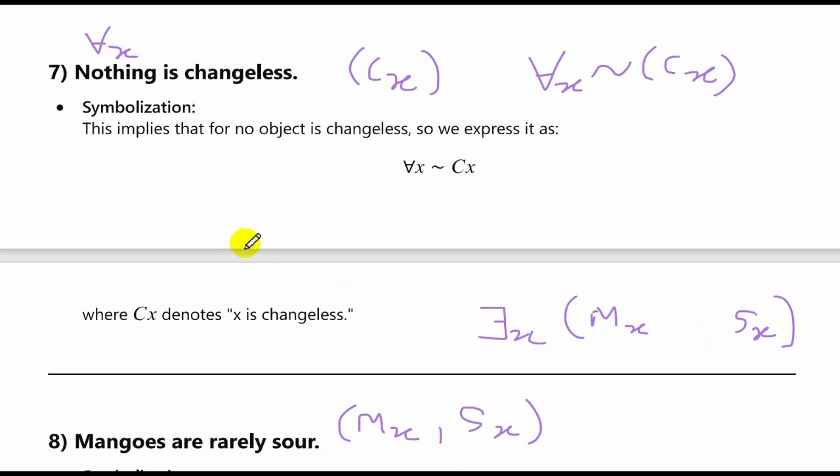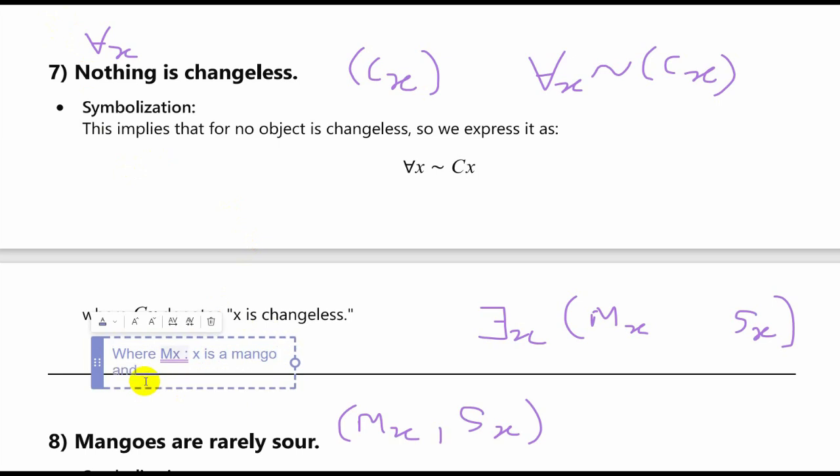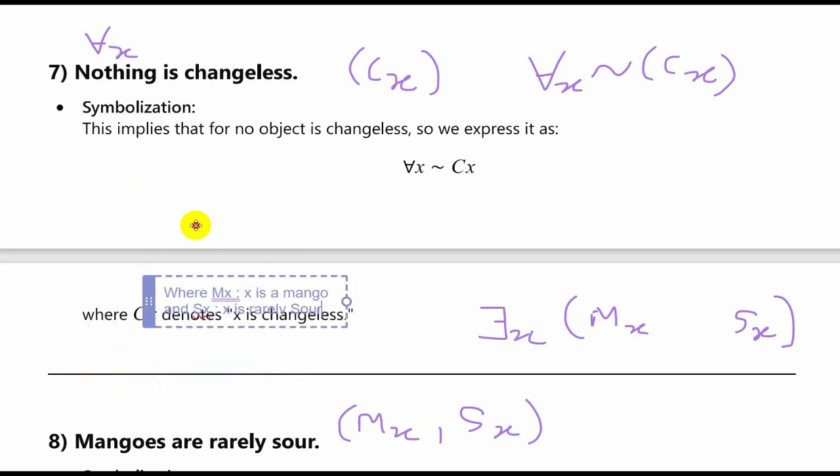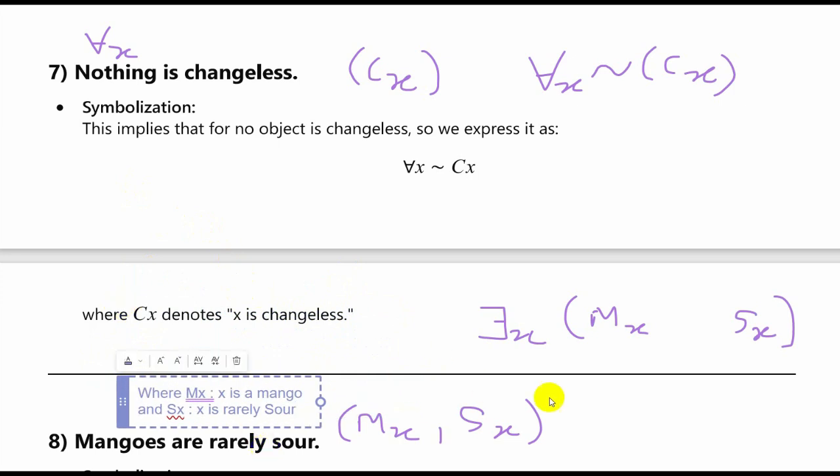It will be more clearer if we first type out where MX is X is a mango and SX is X is rarely sour.